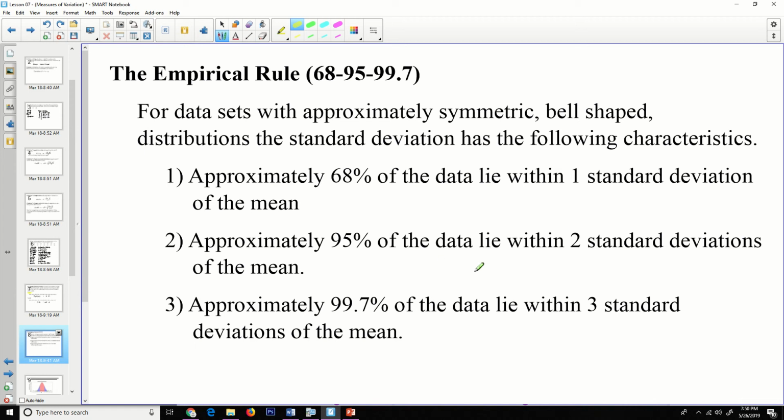So if you're within two standard deviations, we would say most of your data set lies within two standard deviations, and almost every single one lies within three. And so we can make some interpretations about data sets that lie outside two standard deviations.